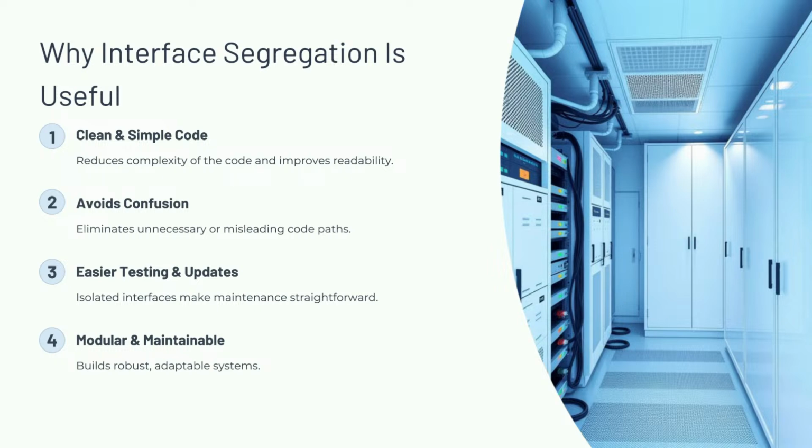With smaller interfaces, changes are less risky, and we can easily catch bugs. And fourth, finally, it keeps our code modular and maintainable, meaning it is easier to build, grow, or adapt software as requirements change. Now I would like to call Raghav to give an ISP example in a more detailed way.